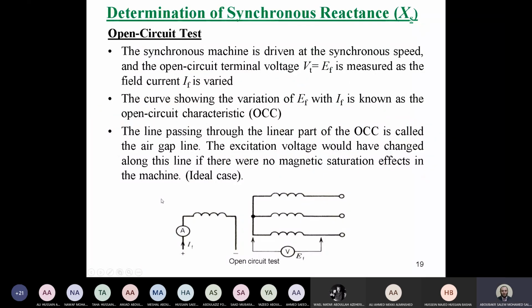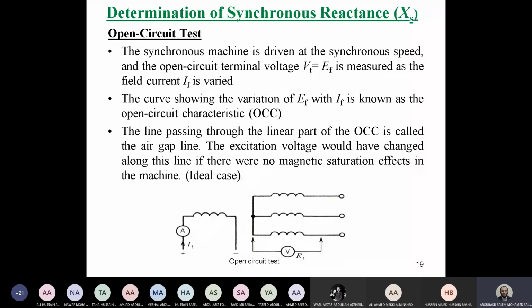Now, another important part, which is the synchronous reactance. Synchronous reactance, guys, is very important to be identified. In terms of power systems, in order to control and transmit the power and also control the reactive power, you have to use XS. And we will discuss, inshallah, in class the relation of active and reactive power, and you will see that it depends on the value of XS.